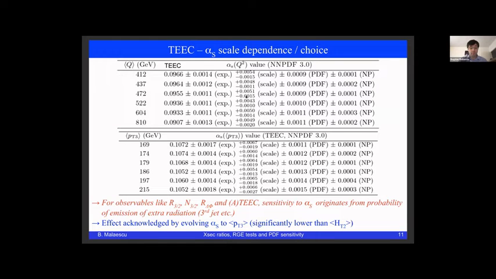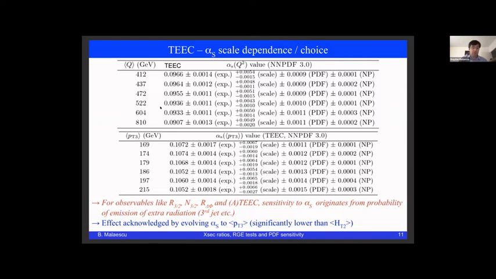Now I've already made this remark before. For the various cross-section ratios, the sensitivity to alpha S originates from the probability of emitting a third jet or a higher order jet. And actually in this 8 TeV publication from ATLAS, this effect was acknowledged in some sense, in that these values from this scale here were taken and evolved to the average PT of the third jet.